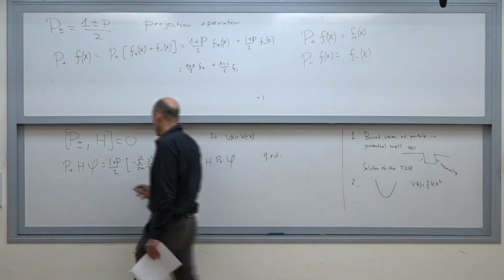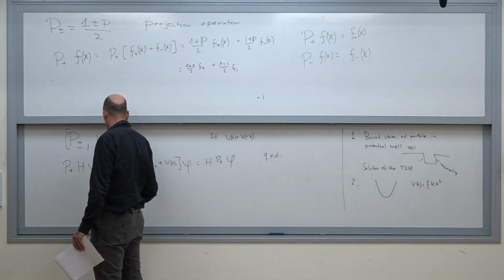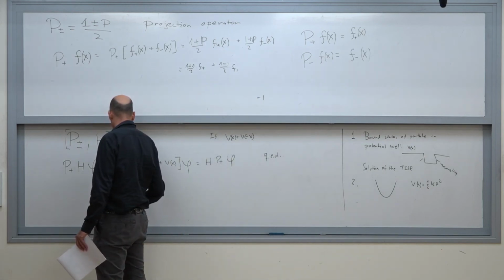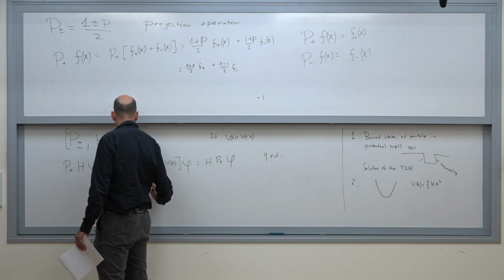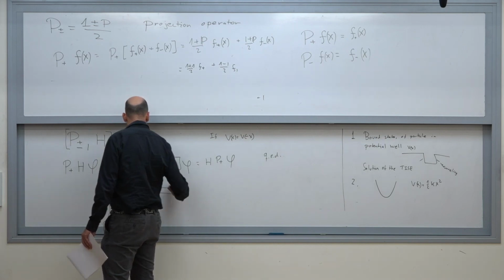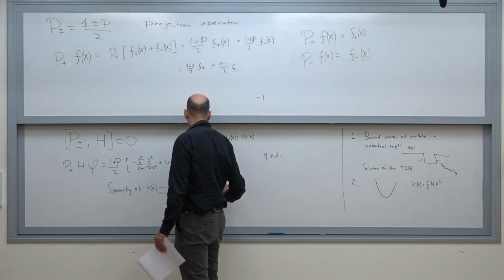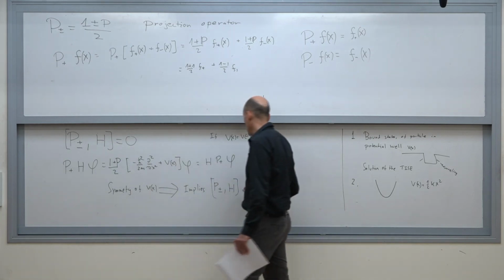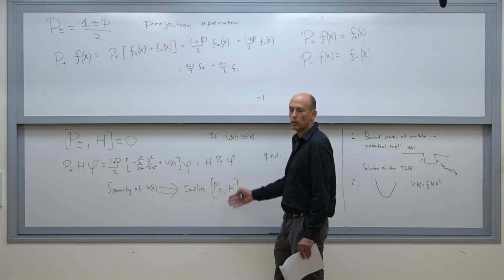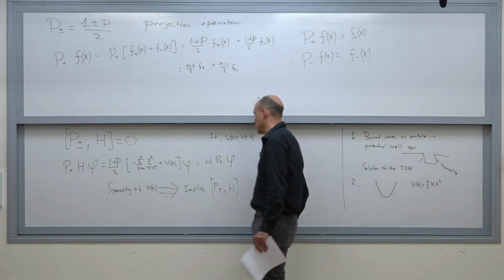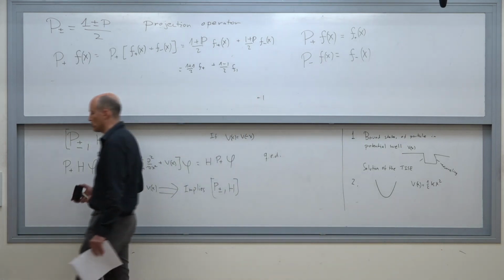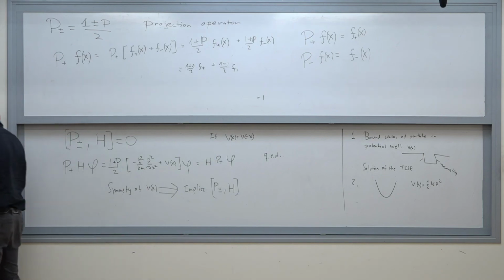So what we see here is that the symmetry of Vx implies that P plus minus commutes with H, because if this would not happen, and this will give you some conservation, some symmetry in the solutions. How does this happen?